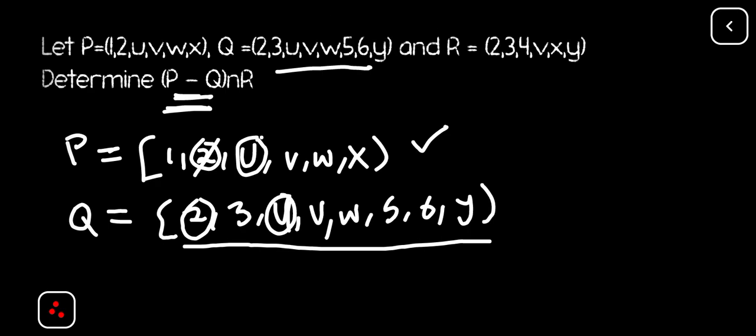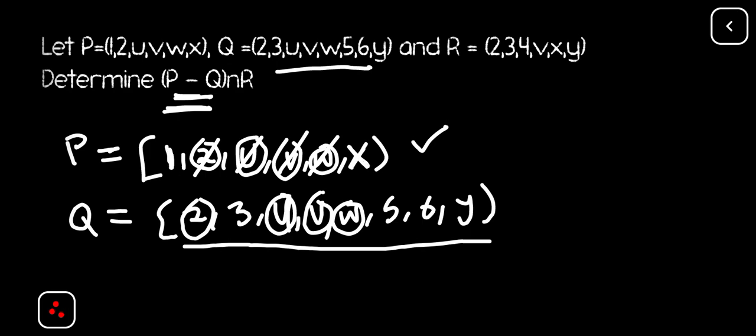So we have to subtract it from P. V is here, so we have to subtract it from P. W also is a member of Q, so we have to subtract it from P. There's nothing else left of Q. So what we have left after subtracting elements of Q from P is just 1 and X.